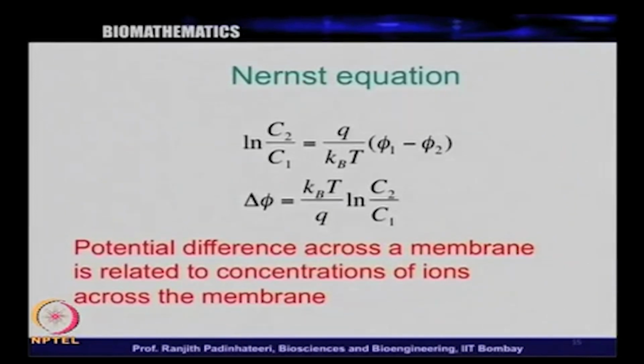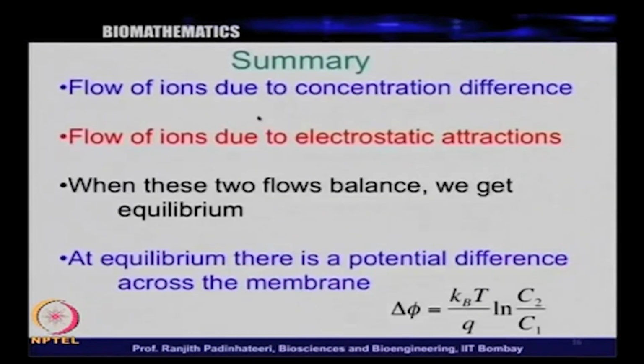To summarize what we said so far, we first discussed the flow of ions due to concentration difference. They go in a particular direction, and in the opposite direction there will be a flow. This flow of ions due to concentration difference will lead to charge differences: positive charge ending up on one side and negative charge on the other side.